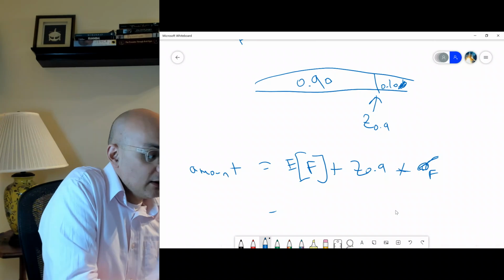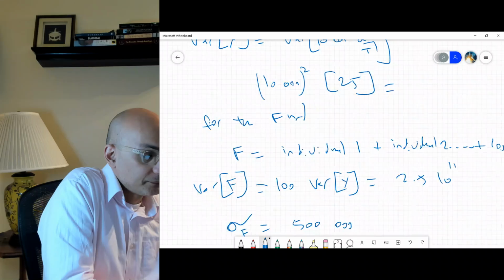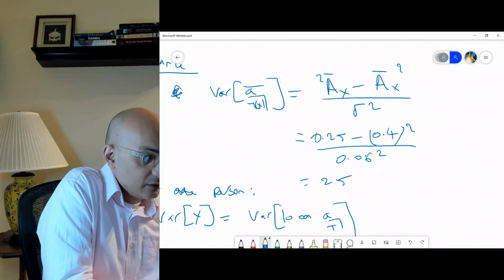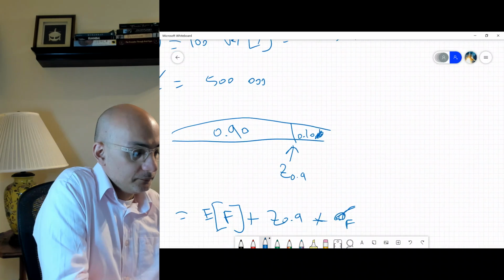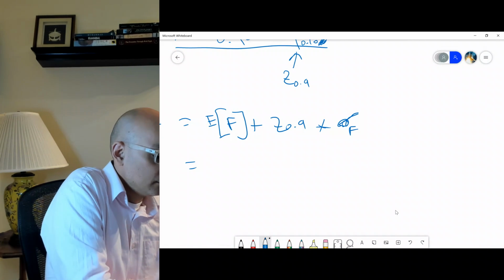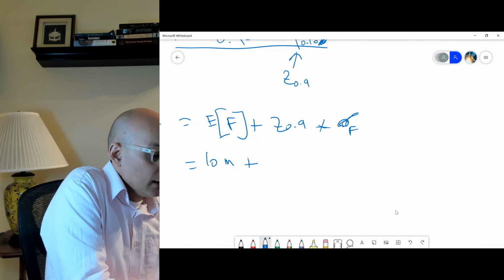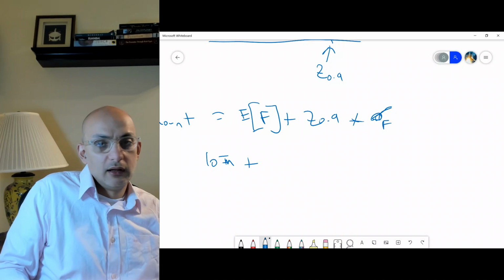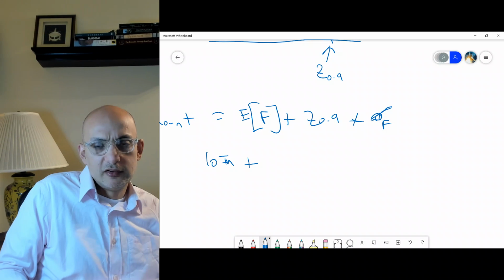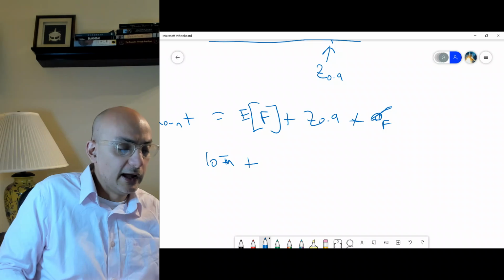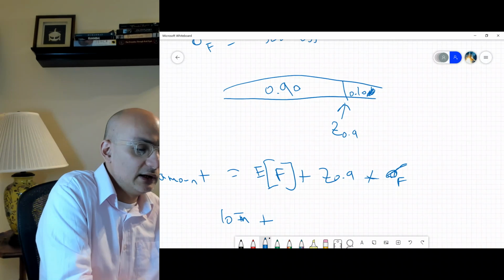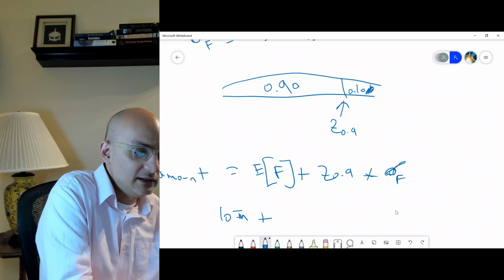We already calculated the expected value of the fund, and we said it's 10 million. Z, like the exceeded, from the normal distribution table, you get Z, the 90th percentile, or exceeded by only 10%.